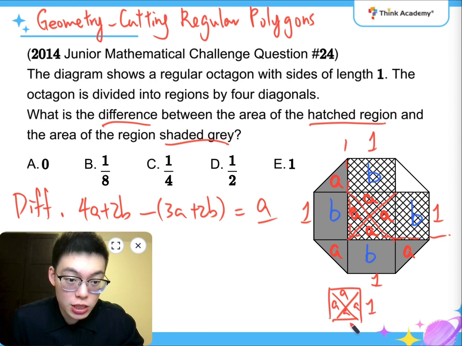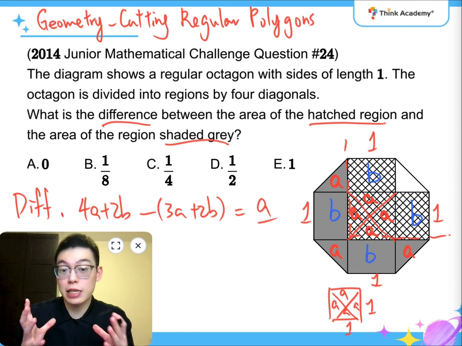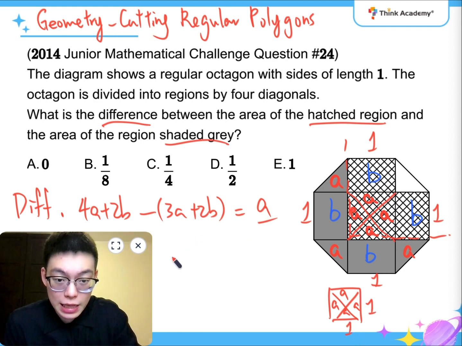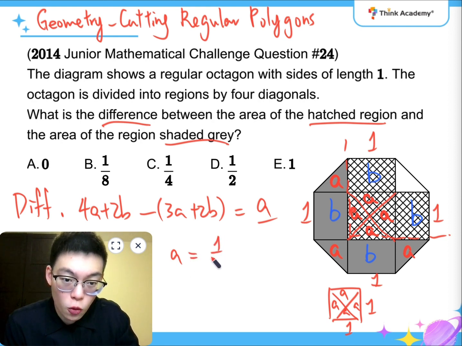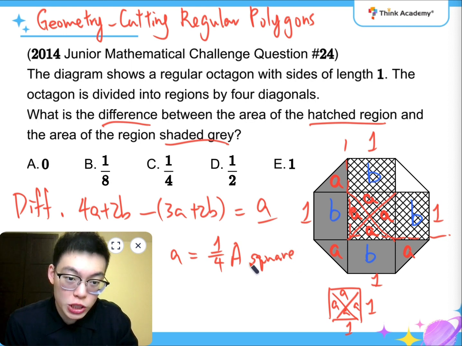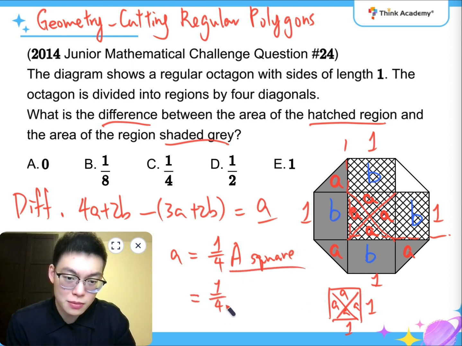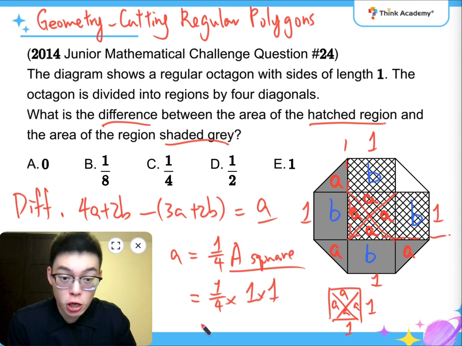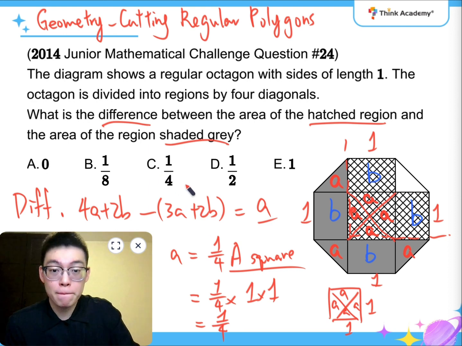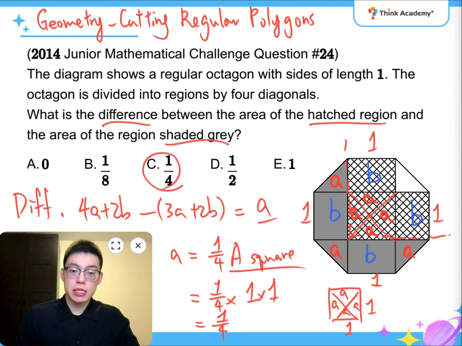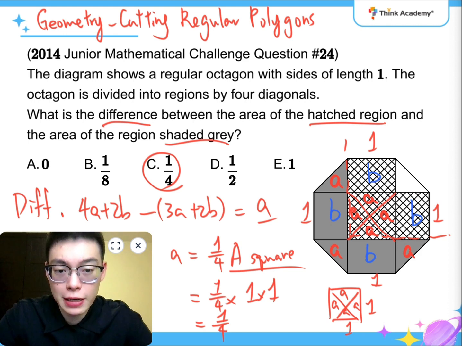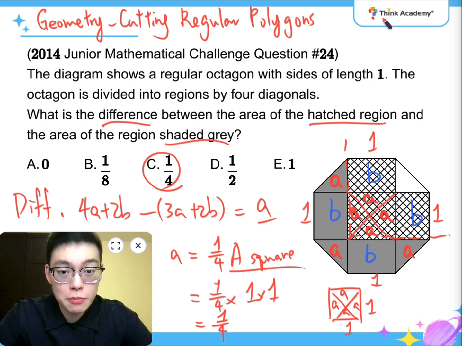So the square is going to have a side length of 1, which means that A is going to be a quarter of the area of the square, which is 1 times 1, that is 1. So it's going to be a quarter of 1 times 1, which is a quarter. So C is going to be the answer to this question, all right? The difference in area is going to be a quarter.